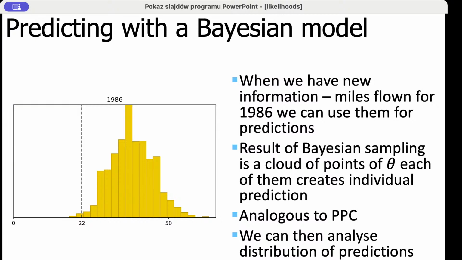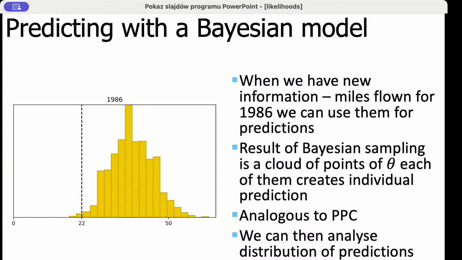So we sample a cloud of points from our posterior distribution, and we get a value of theta for each sample.